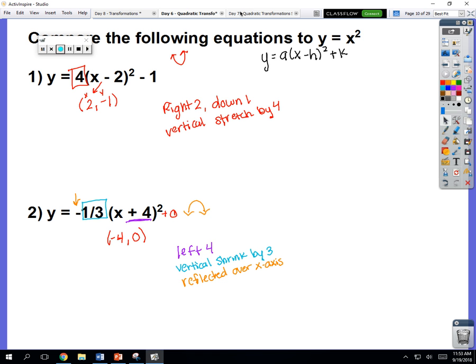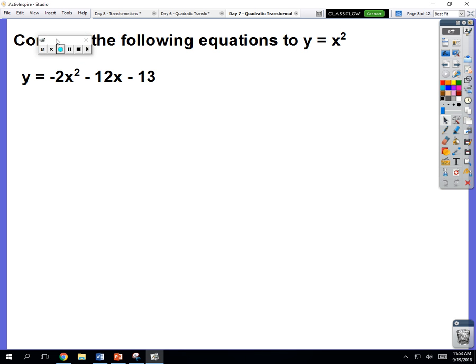On Tuesday, you had an equation written in standard form. So in order to tell all of those different things, it's still the same, but I may not be able to tell certain information by looking at the equation. What I can tell by looking at the equation is still what A is. So this number here still tells me whether it's been stretched, shrunk, or reflected.